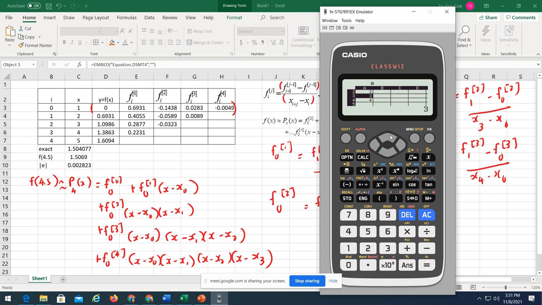Rows, I think it has 45 rows. Columns only 5 columns. This is 0 and then 0.6931, 1.0986, 1.3863, okay, here.